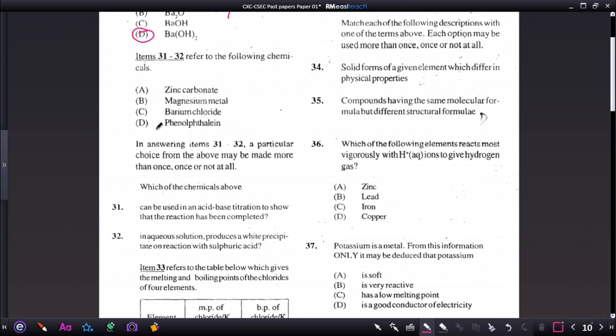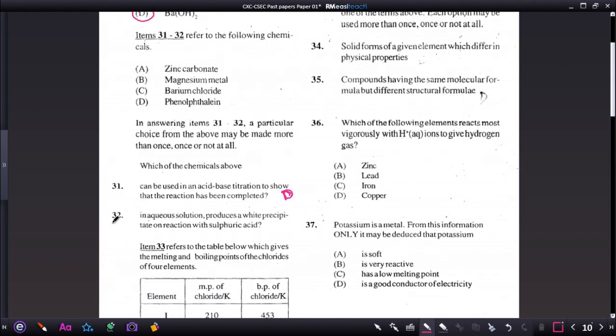We know that that is phenolphthalein. In an acid-base reaction, it changes from colorless to a faint pink. 32, in aqueous solution produces a white precipitate on reaction with sulfuric acid, and we know that that would be barium chloride, which is C.